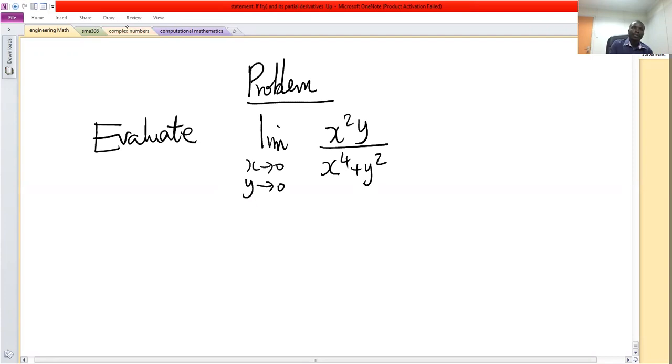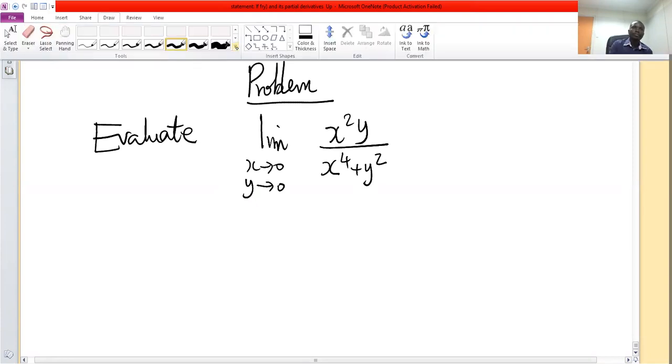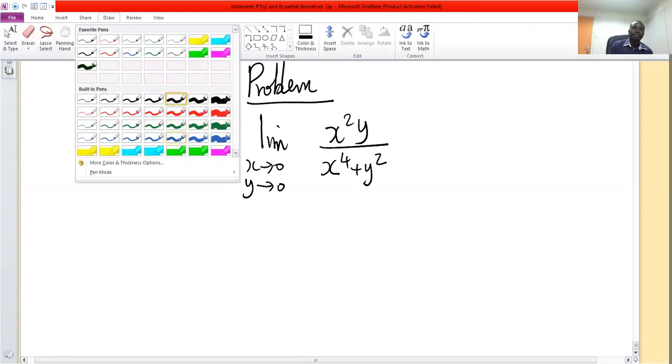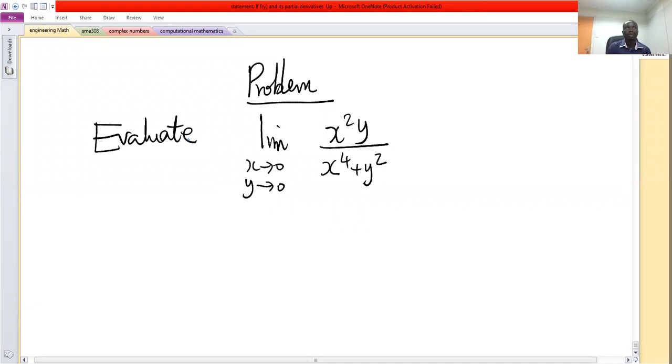To solve this, you have to remember the steps we stated earlier on how to solve the limit of a function of more than one variable as both the values of x and y approach 0, 0.